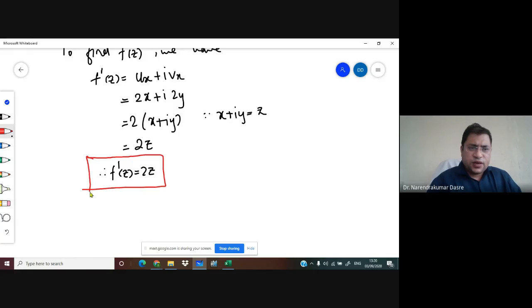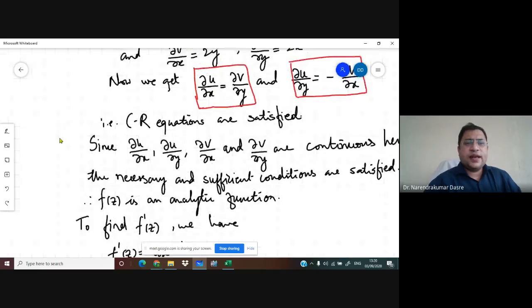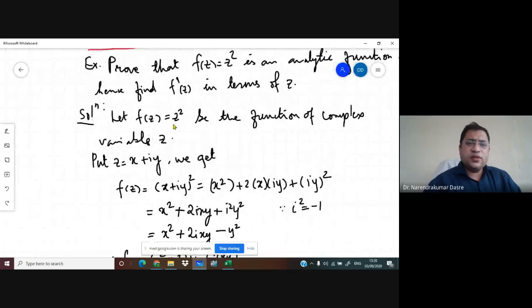So this is how we are able to get the derivative of the function f of z is equal to z square.